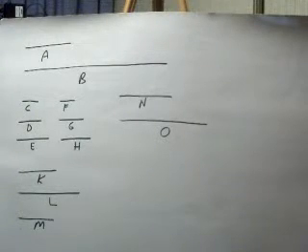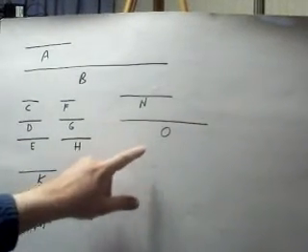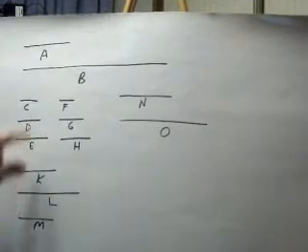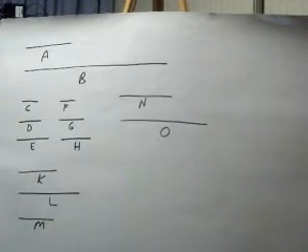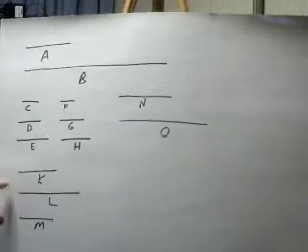Again, since H by multiplying M has made O, and H times L makes B, therefore, as M is to L, so is O to B.